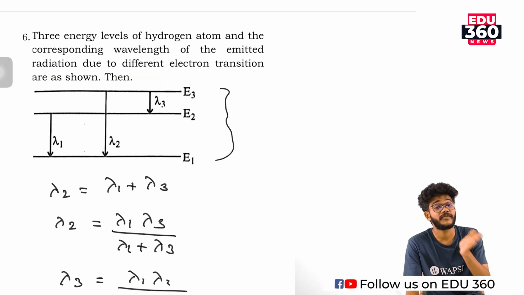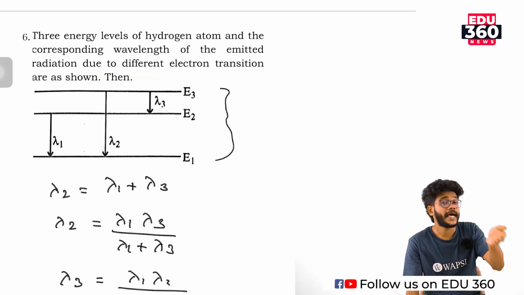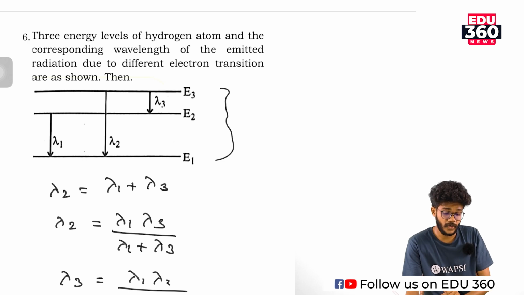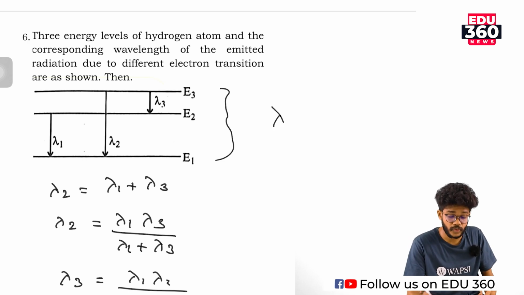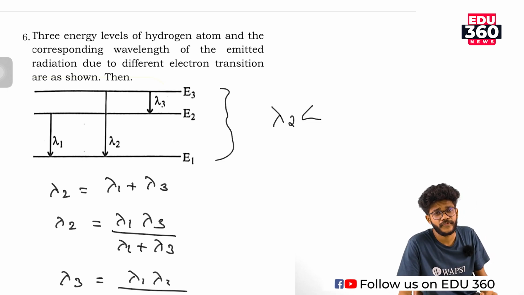Higher energy means higher frequency and lower wavelength. So lambda 2 will be the least magnitude of wavelength.